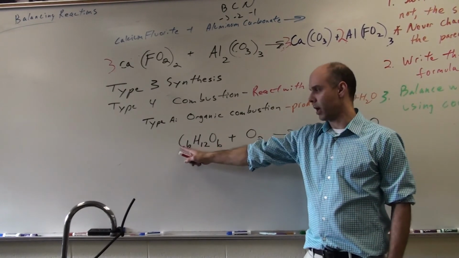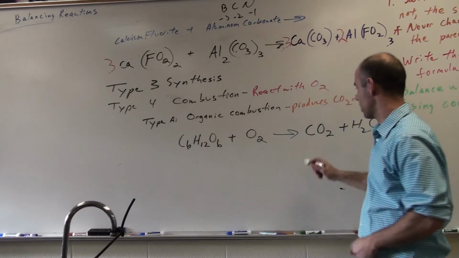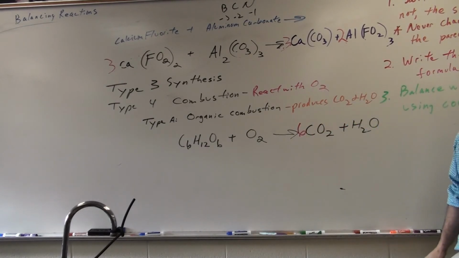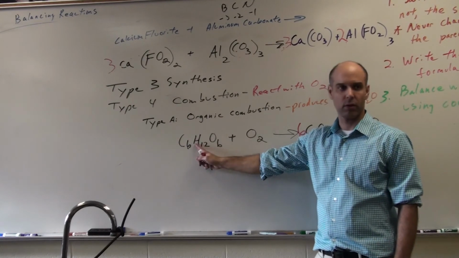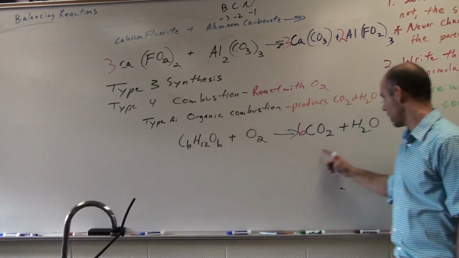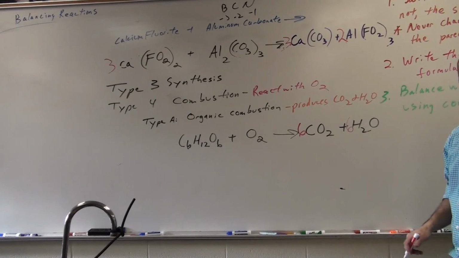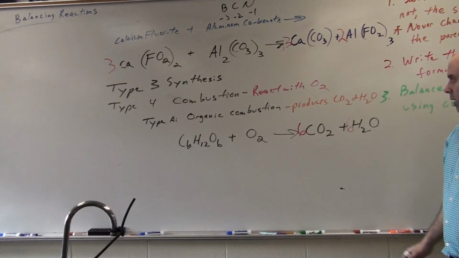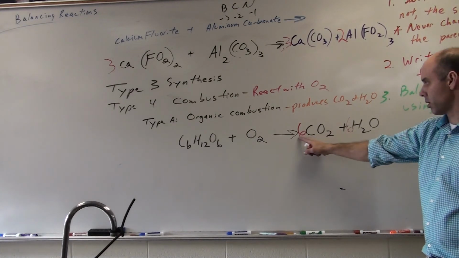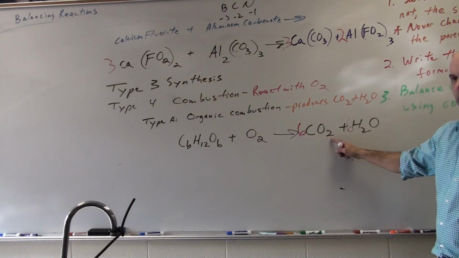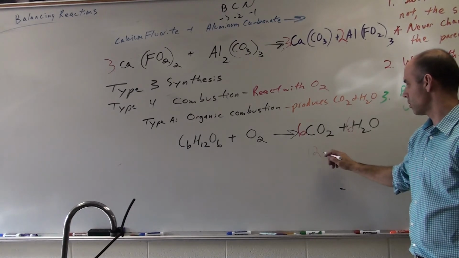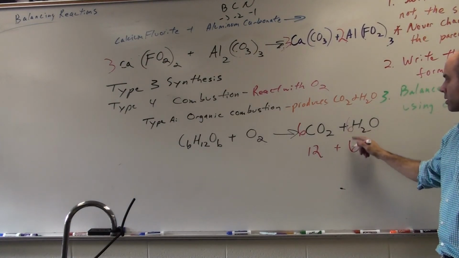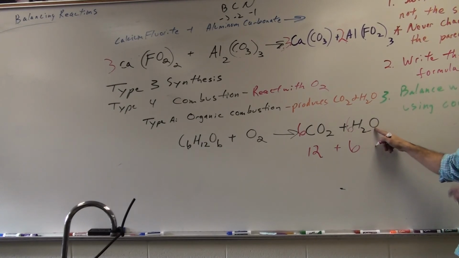So how many carbons do I have here? 6, so I'm going to need a 6 there to give me 6 carbons. How many hydrogens do I have? 12, so I'm going to need a 6 there to give me the 12. How many oxygens do I have now? 6 times 2 is 12, plus 6 over here is 18.